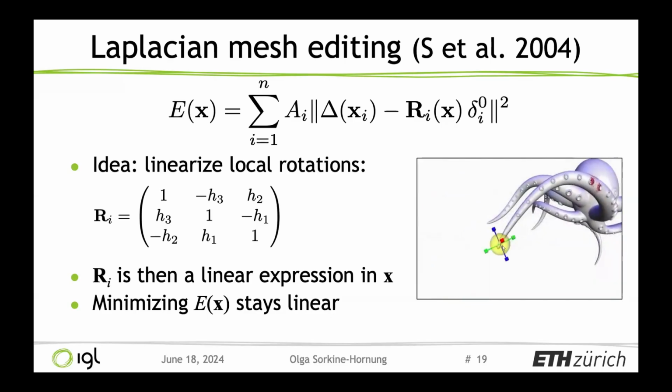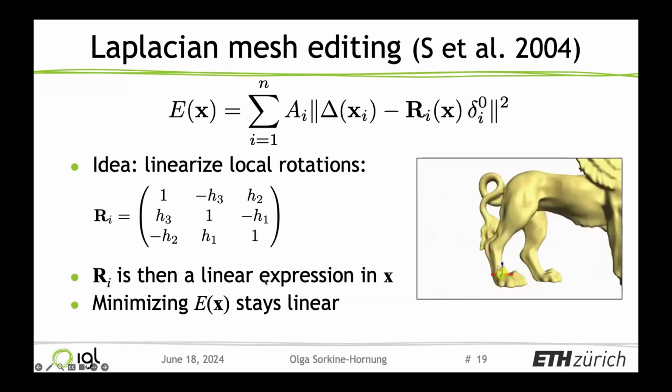Basically, I said, okay, we can't take full-blown rotations, but we can linearize them. So we can take the first-order Taylor expansion of rotation matrices. It's basically an identity matrix plus a skew-symmetric matrix. So you see the form here.